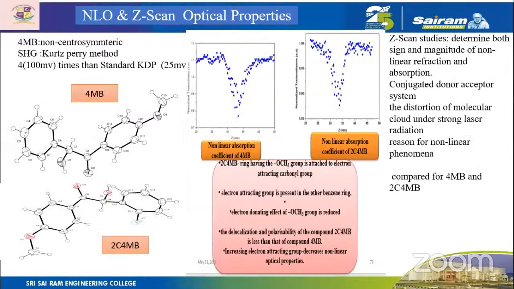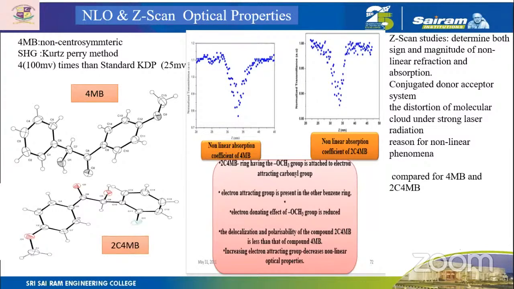This is again very important for optical properties, so I did NLO studies. During crystallization, I found some of the crystals have a non-centrosymmetric crystal nature. Crystals that crystallize in a non-centrosymmetric nature possess very high optical properties.